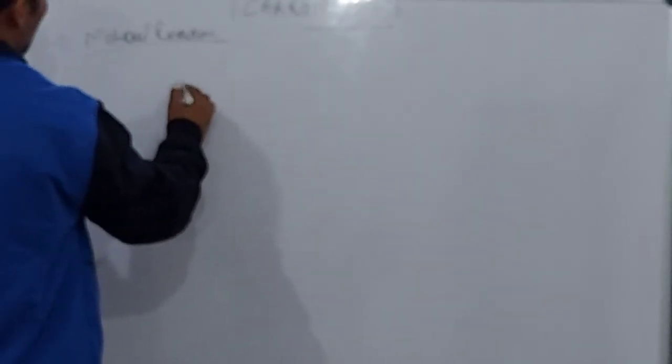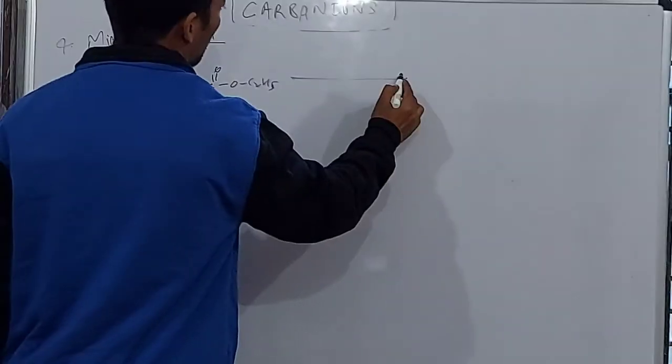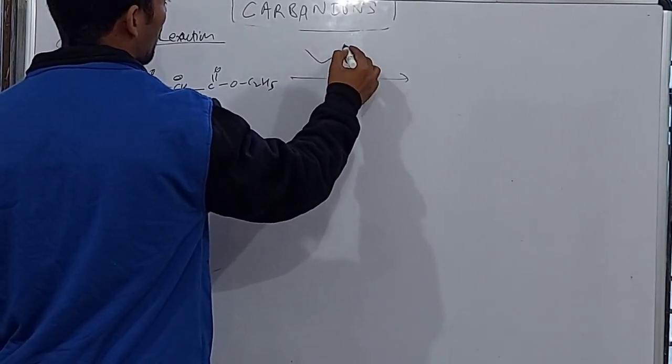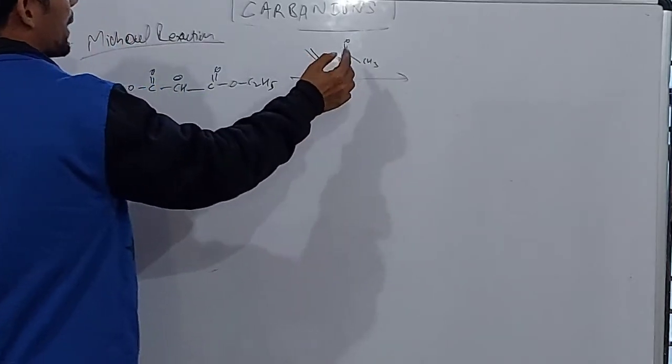Suppose we have a carbanion, C double bond O C2H5. So this is a carbanion, and we react it with an alpha beta unsaturated carbonyl group.